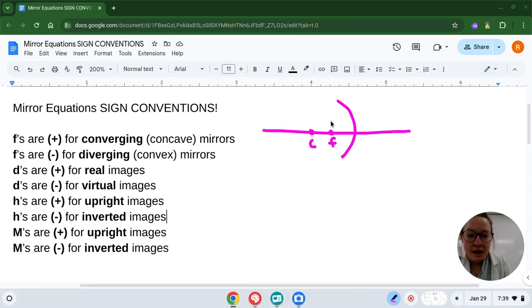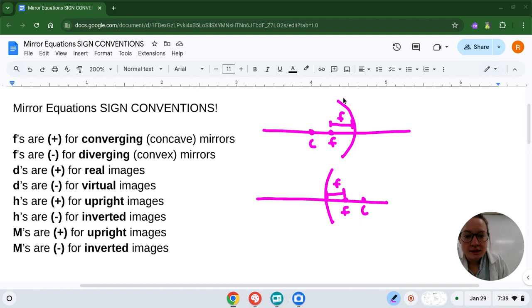And so this right here, from here to here, will be your focal length there. If, on the other hand, you have a diverging mirror, it will have its center over here and then its focal point over here, which means its focal length is right here.